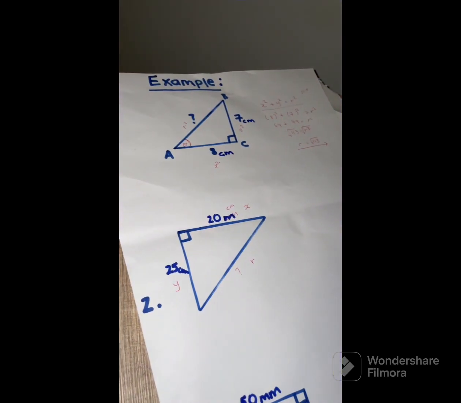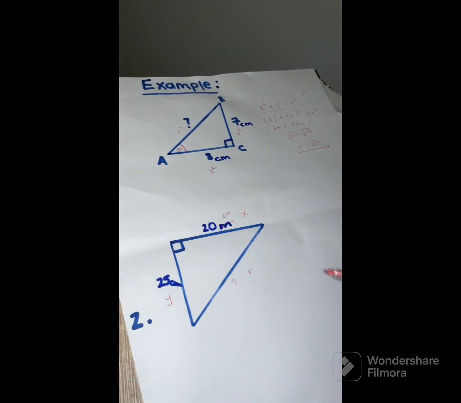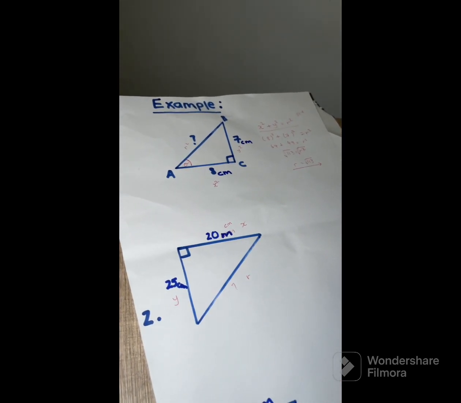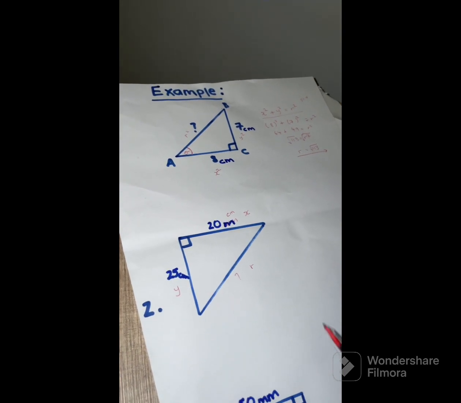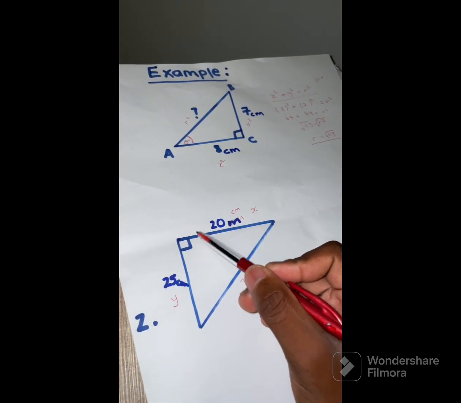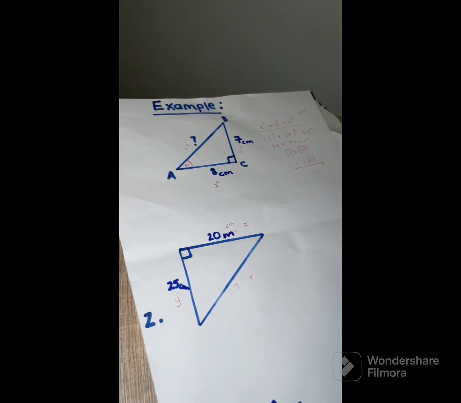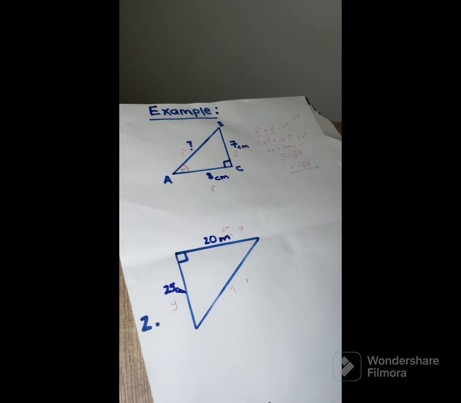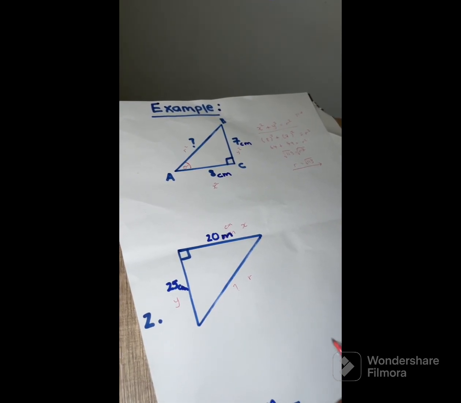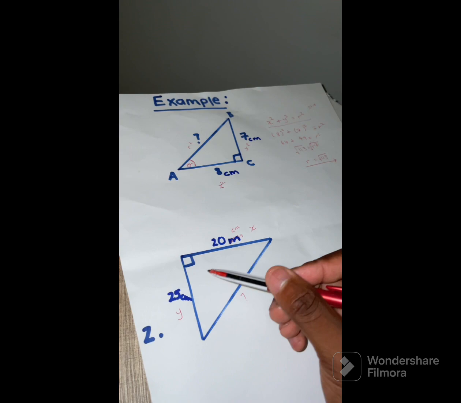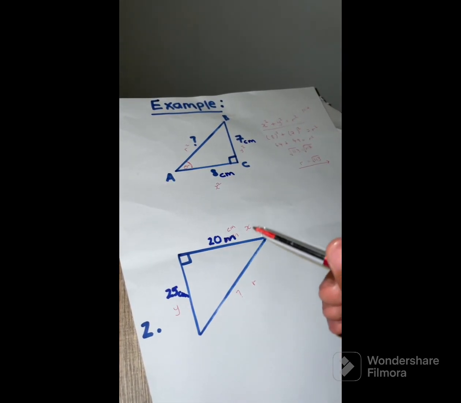So guys, now we are on number 2. No matter how the triangle is drawn, as long as you see this 90-degree angle, as long as it is a right angled triangle, I assure you that the theorem of Pythagoras will work, as long as they've given you 2 known values.